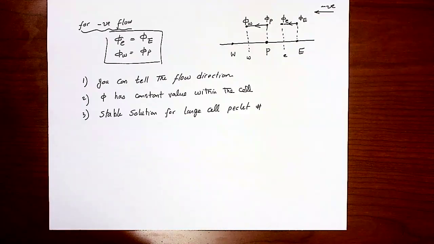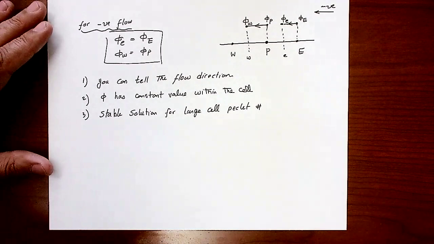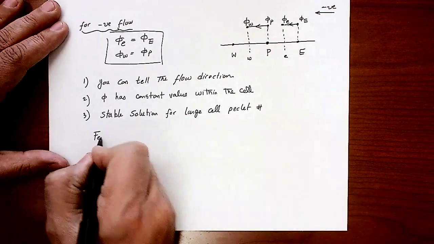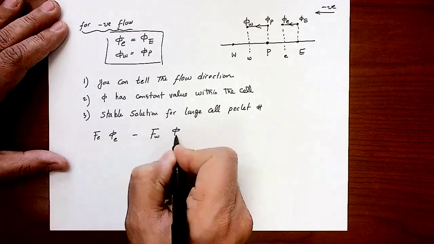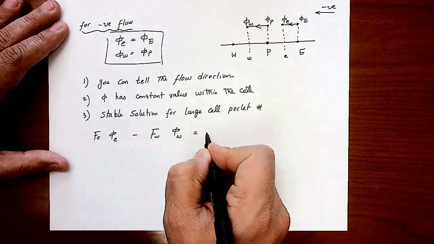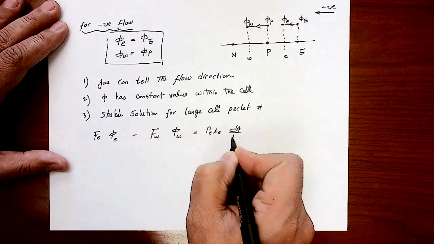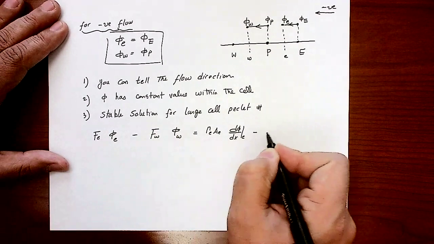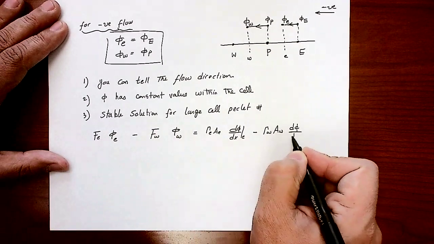I hope the scheme is clear. It's very simple, and we can now simply substitute into the equation. If we go back to the general equation, I have F east phi east minus F west phi west equal to kappa east A east d phi by dx on the east face minus kappa west A west d phi by dx on the west face.